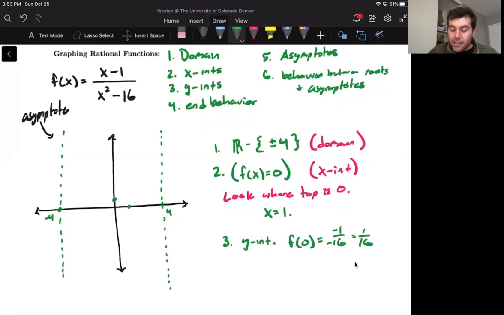The next thing is end behavior. And this is actually going to be different than what we've done before. In previous videos, we've looked at what happens when we have polynomials and we're looking for end behavior. Now we're talking about what happens with these rational functions.